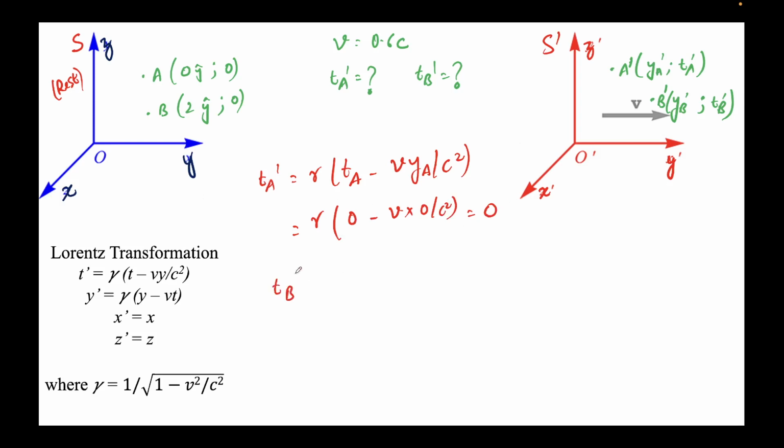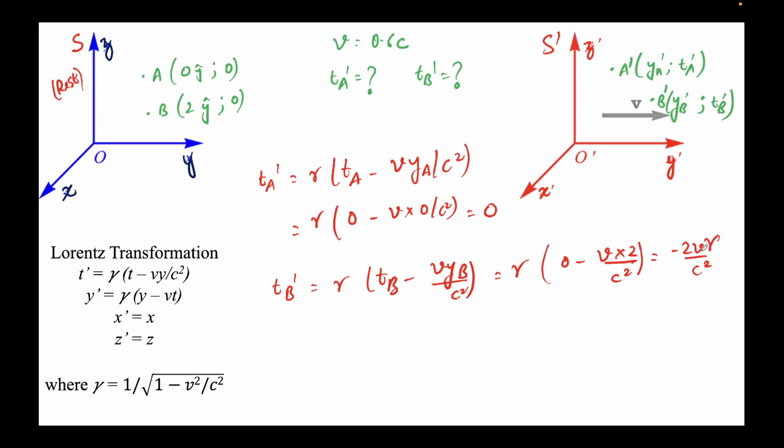Now let's evaluate tB prime. It will be gamma times (tB minus v yB over c squared). The timestamp tB for event B in frame S is 0, and the space coordinate yB is 2. So this will be 0 minus v times 2 over c squared, which comes out to minus 2v gamma over c squared.